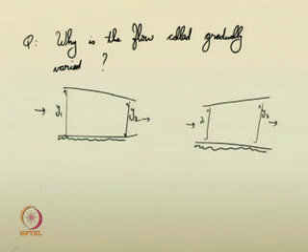Moreover, if the depth of the flow is decreasing as it flows from the upstream to the downstream, then the water surface profile is called a drawdown curve.